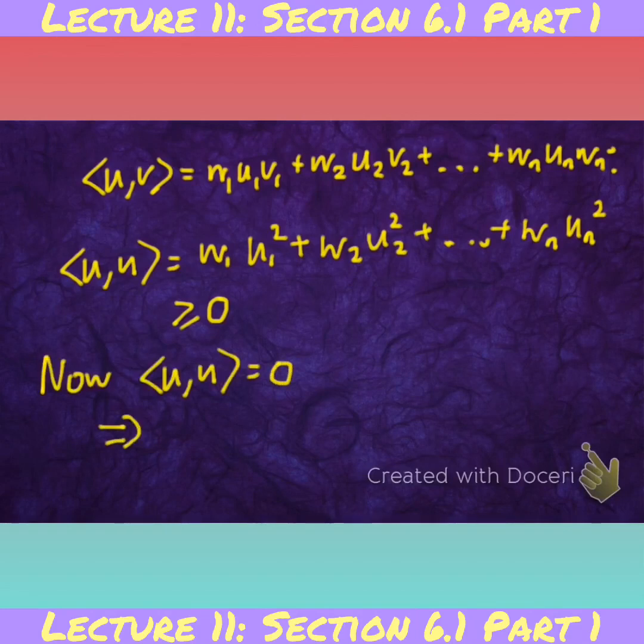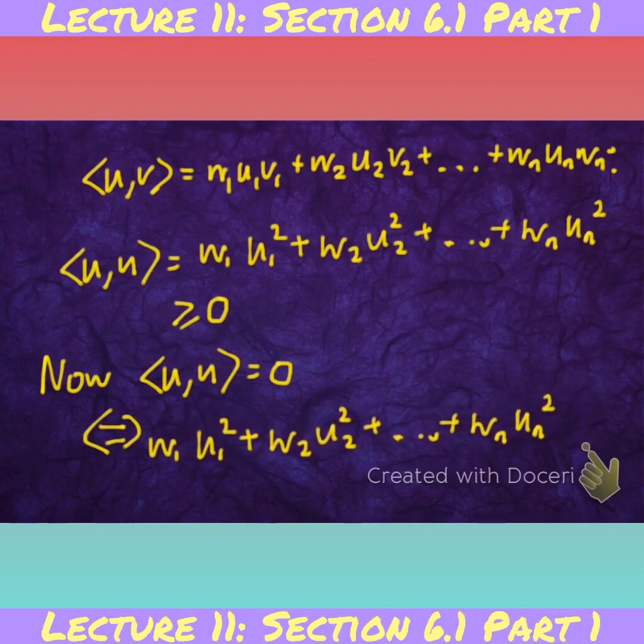If the product of u with itself is zero, the only way that happens is if this whole term that we worked out is zero. And the only way that a sum of positive real numbers is zero, and remember these weights are positive real numbers and they're fixed, the w's are fixed, is if ui is zero for all i between 1 and n.